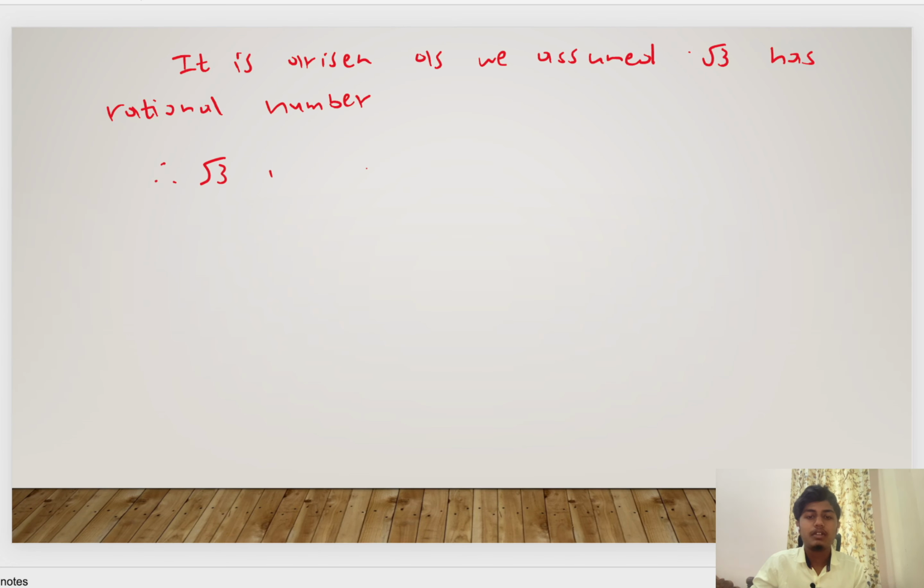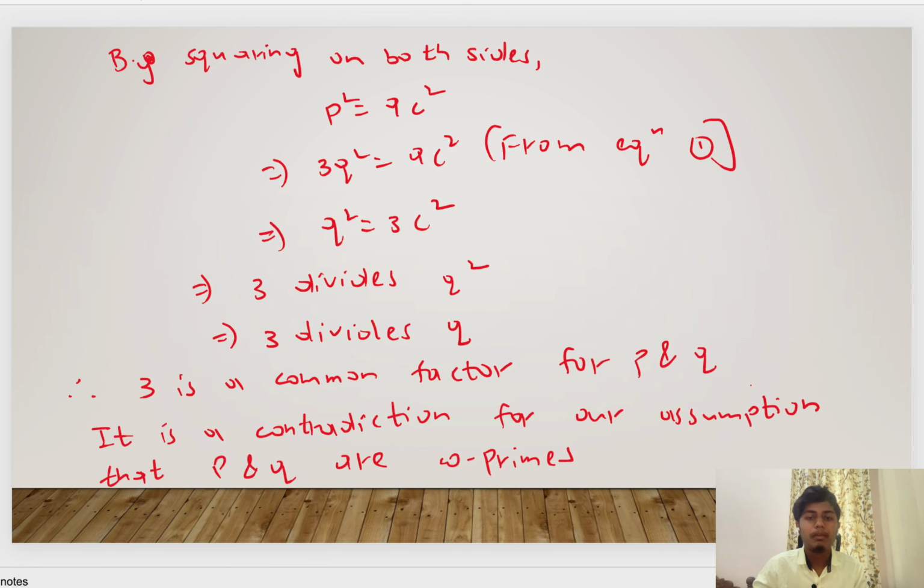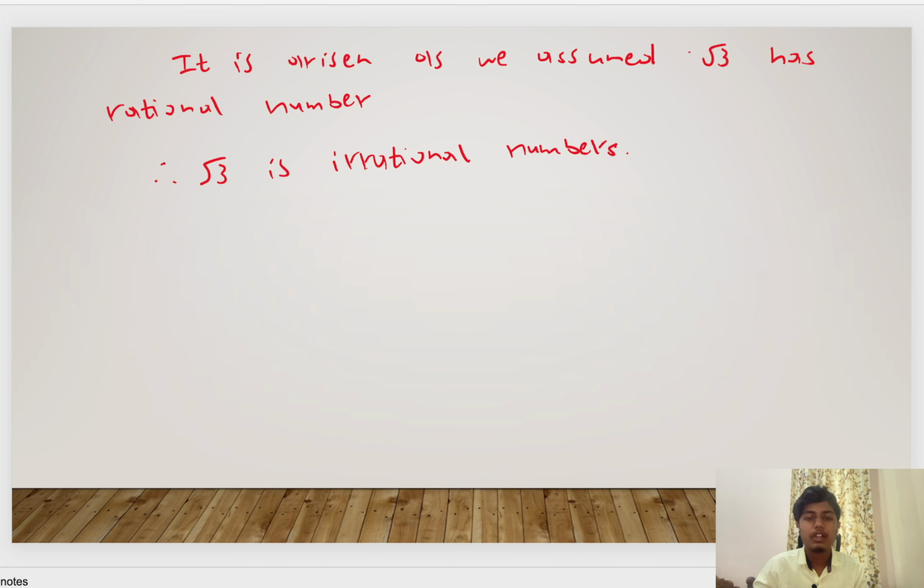It arose as we assumed root 3 as a rational number. Therefore root 3 is an irrational number. So it is proven by the contradiction method. If you master any one problem, then the same application works in all other problems.